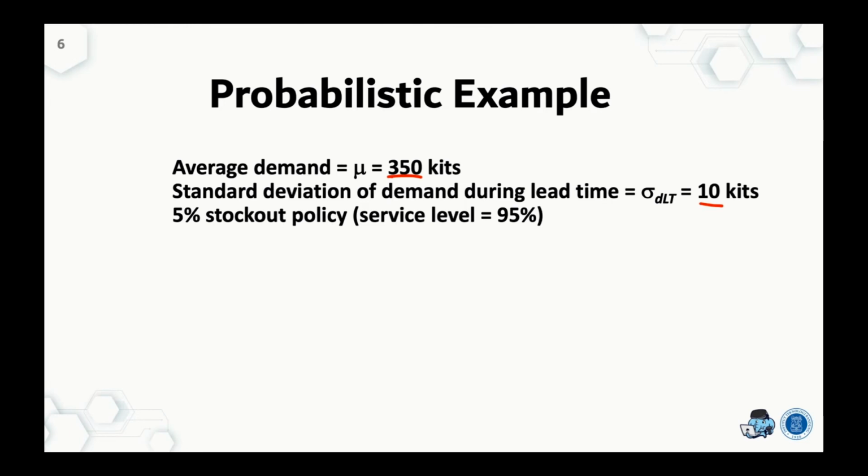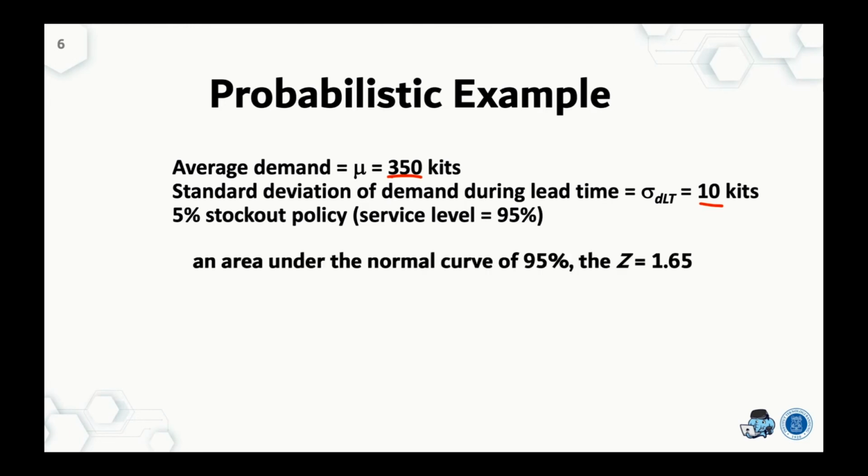That means the service level is 95%. When the service level is 95%, we can take a look at the area under the normal curve for 95%, resulting in a Z-score equal to 1.65.